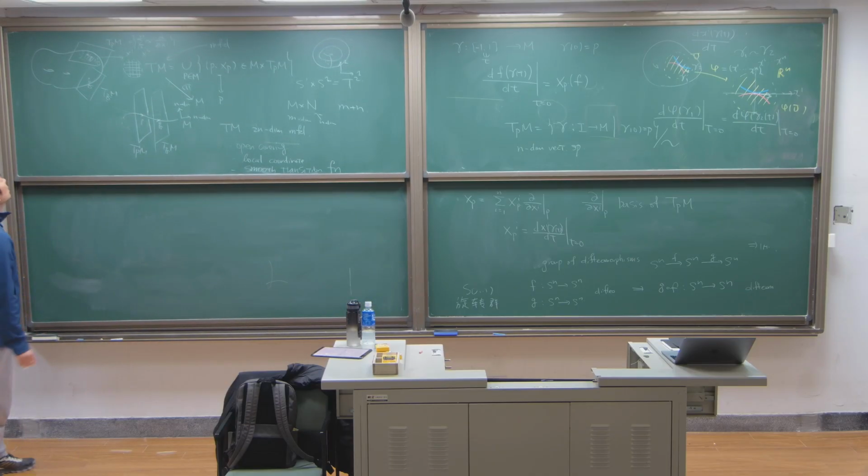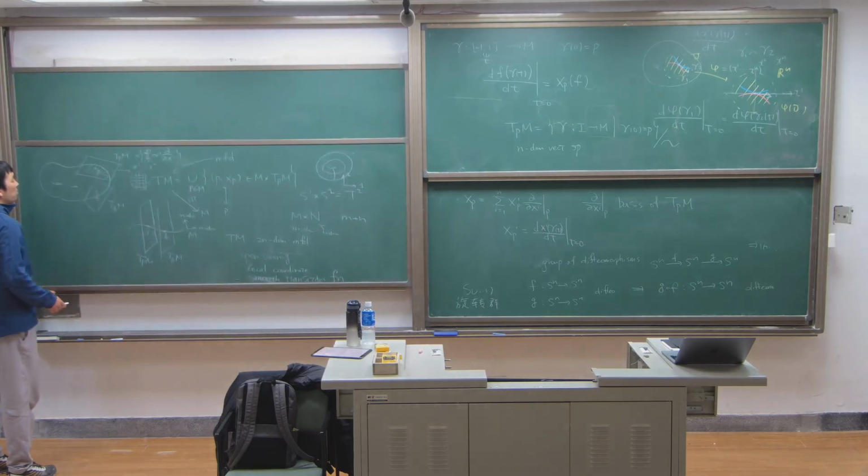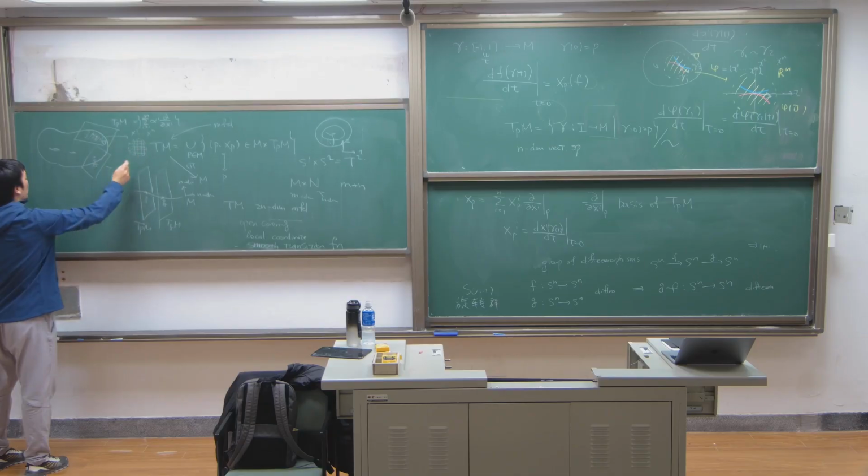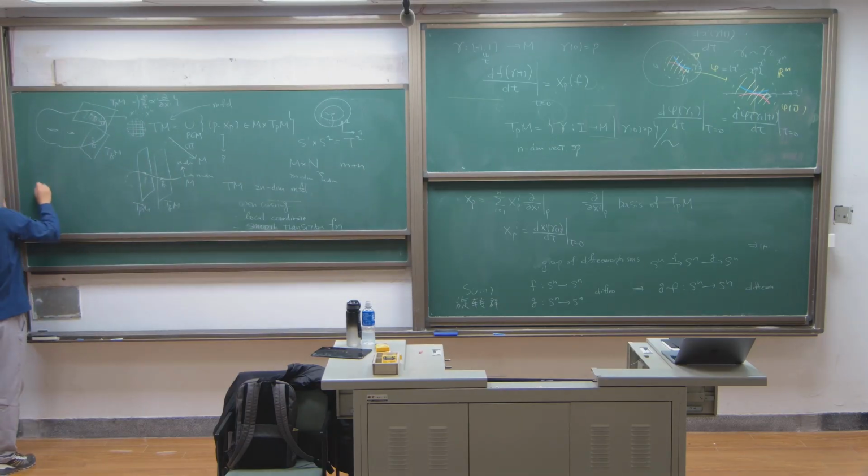How do you see that? Suppose the original manifold has a patch U. This U has local coordinates x1 to xn.